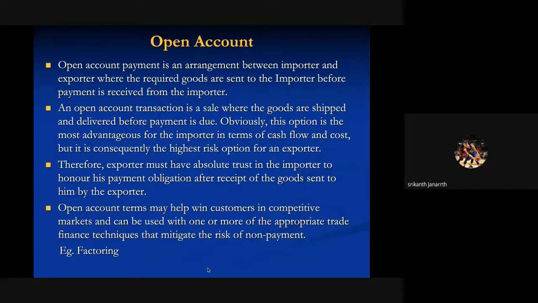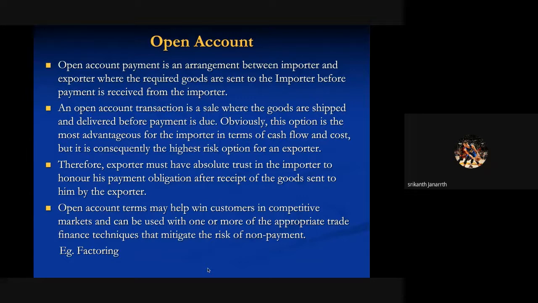So these are commodities which are very slow moving. So the seller doesn't have any market. He has to compromise, and the importer will take the maximum advantage in open account, because there's no other way. Or sometimes the importer, being a highly demanded person, can dictate terms to the seller and say, if you send it on open account, I'll buy.